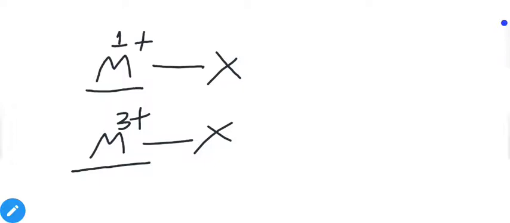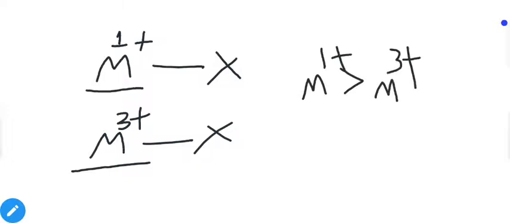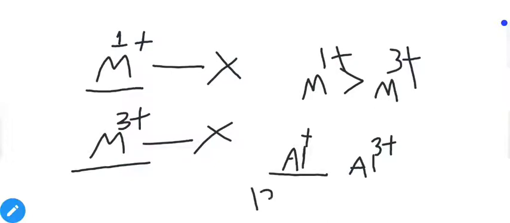Now you may ask why +1 is more ionic than +3. The reason is, as we remove electrons, the nuclear charge becomes more and more dominant. If we compare two different oxidation states of aluminium, Al+1 and Al+3: in Al+1, we have 13 protons in the center and 12 electrons.